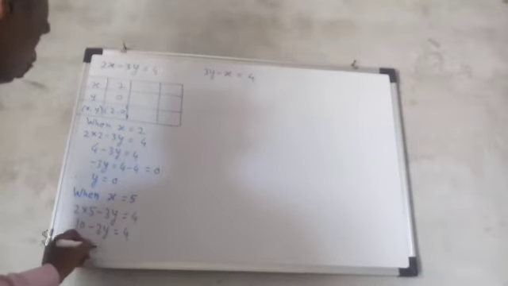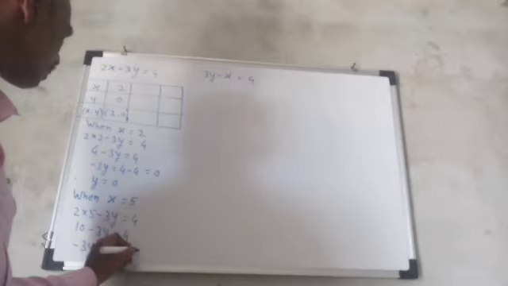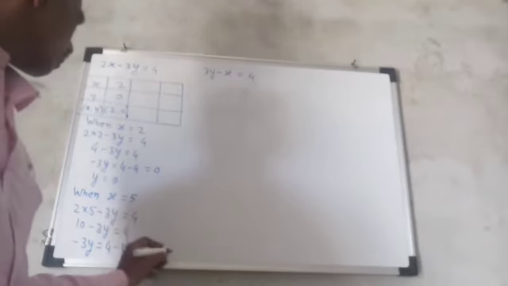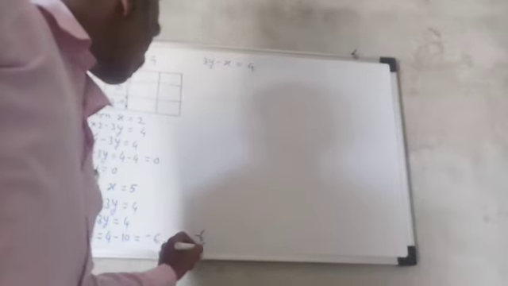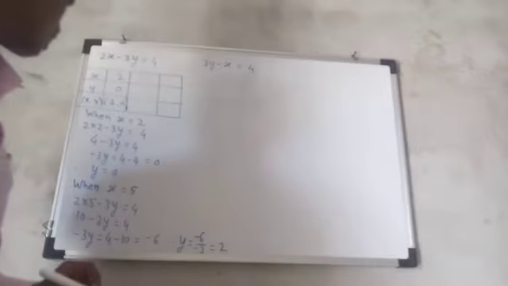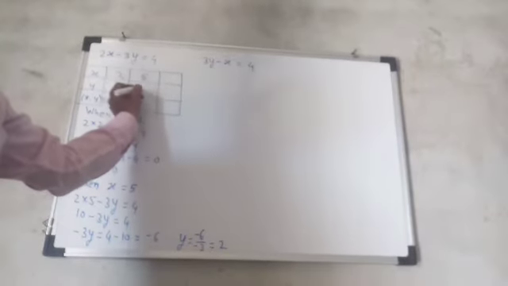Minus 3y is equal to 4 minus 10, that is minus 6. Therefore, y is equal to minus 6 upon minus 3, that is 2. 5, 2 is the other point.